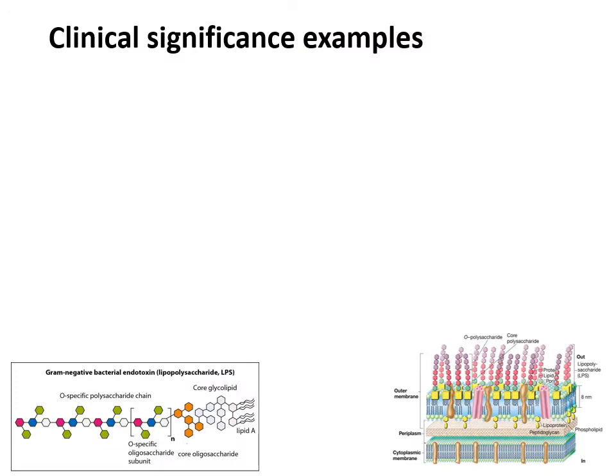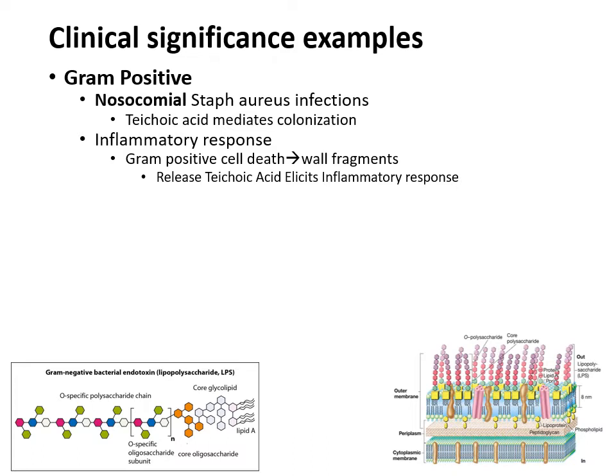Now, when we talk about the bacterial cell wall and the different components of the gram-positives and gram-negatives, I just want to point out a few clinical significances in terms of those components. With gram-positives, the fact that they have teichoic acid helps them to stick within your nasal cavities. A common one to do this is Staph aureus, if you've heard of staph infections. And when I write that nosocomial Staph aureus infections do this, nosocomial, remember, simply means infections picked up in hospitals.